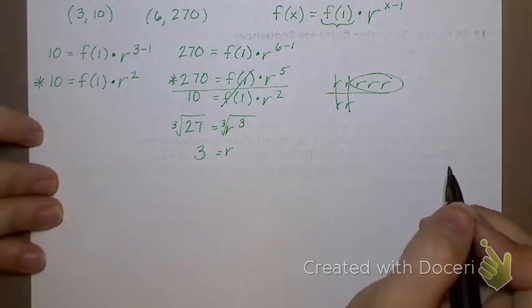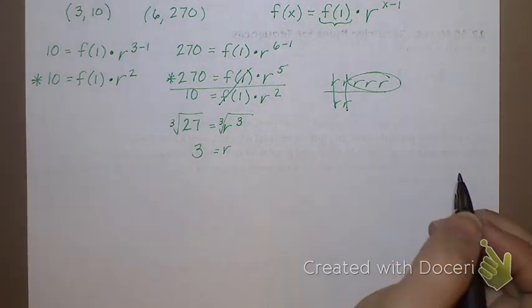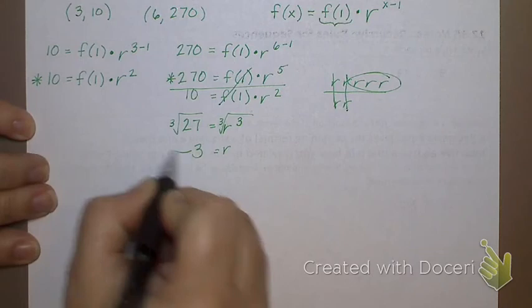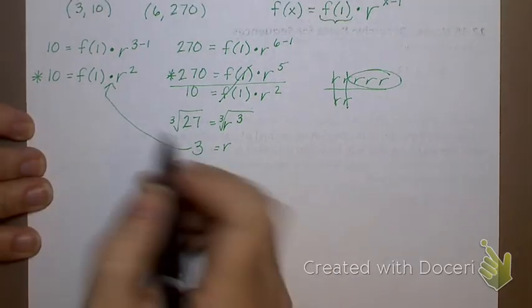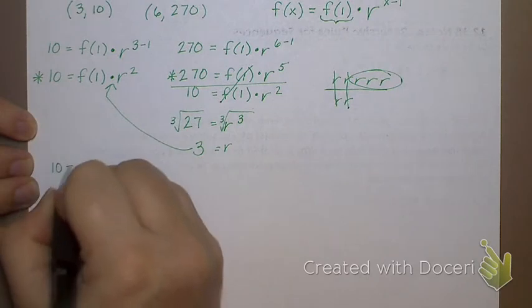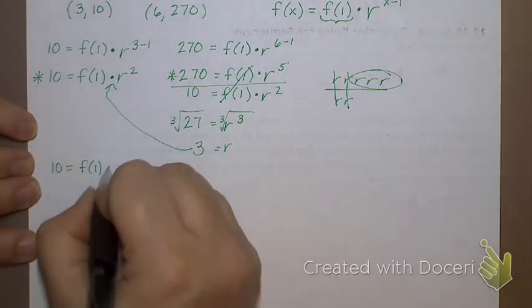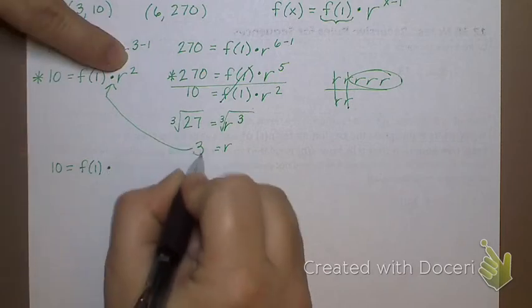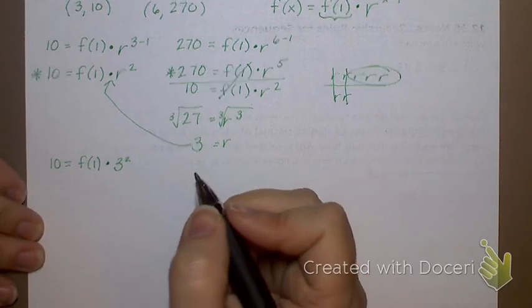So I have r. This, I think, is where your question came up. Where do you find f of 1 now? Well, you take that r, and you're going to plug it right up there. So 10 equals f of 1, because I still don't know what f of 1 is, times r squared. Well, I'm going to call that 3 squared, because I know what r is now.